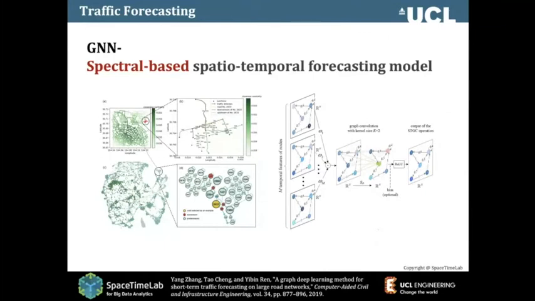More than that, we use what we call the inception mechanism to make the weight training much faster. This is the work we're very proud of. I think this is the top downloaded paper of that journal last year. If you're interested, please check the details there. This is moving from a statistical approach to deep learning for network-based forecasting.